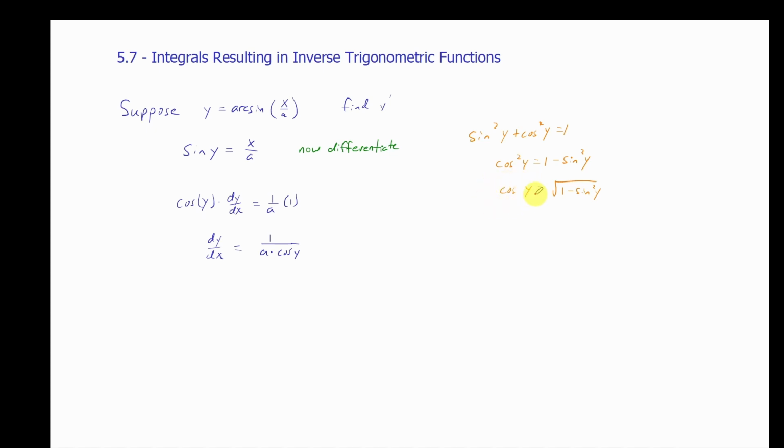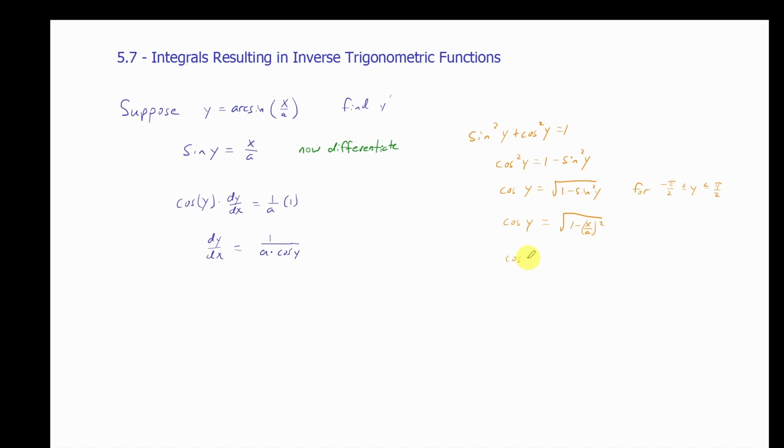That will work in the portion of the domain where cosine is positive, so for values of y between negative pi over 2 and pi over 2. And earlier we said that sine of y is x over a, so I can write cosine of y is the square root of 1 minus x over a squared.